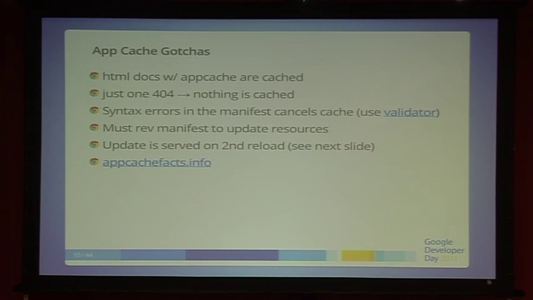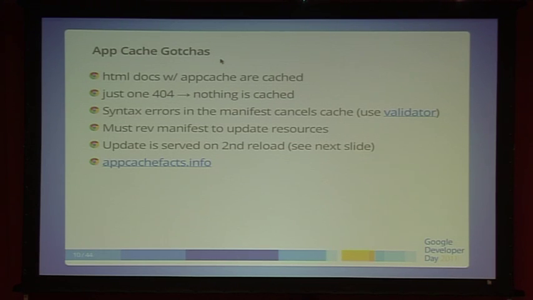So some gotchas. If you have an HTML document with the app cache attribute set, it's going to be cached. If you have a 404 on any of the URLs on your page in the cache, nothing is cached. If you have syntax errors in the manifest file, nothing is cached.